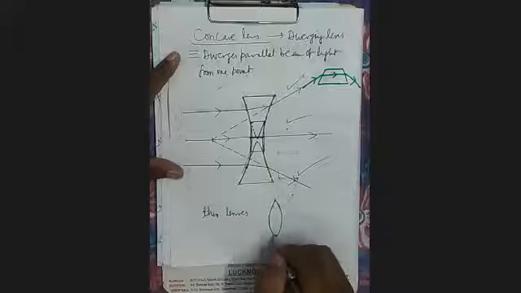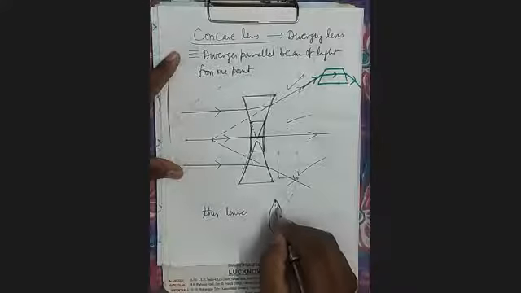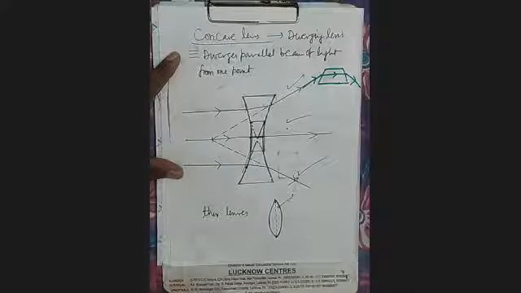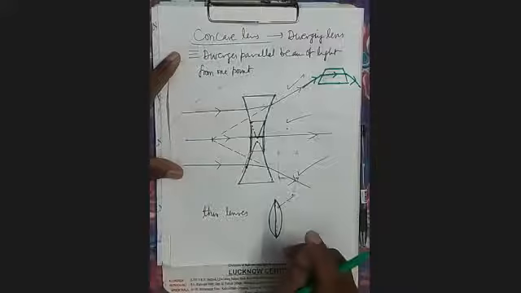But if the lens is thin, then both the refracting surfaces will be very close to each other. And when refracting surfaces are very close to each other, we assume that refraction takes place on this line. रिफ्रैक्शन इस वाली लाइन पर हो रहा है जो हमने ये कलर्ड कर दिया, which we call the aperture.